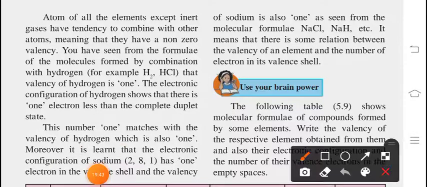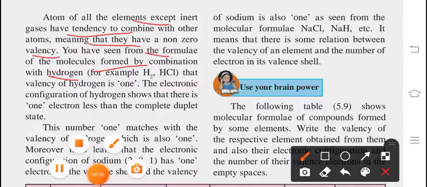Atoms of all elements except inert gases have a tendency to combine with other atoms, meaning that they have a non-zero valency. You have seen this from the formulae of molecules formed by combination with hydrogen. Likewise, in HCl, the valency of hydrogen is 1.